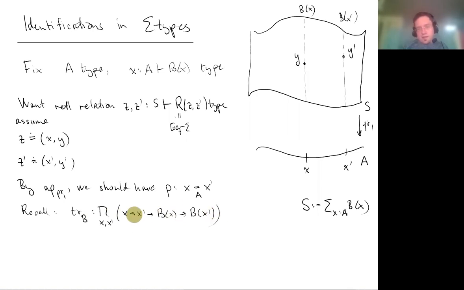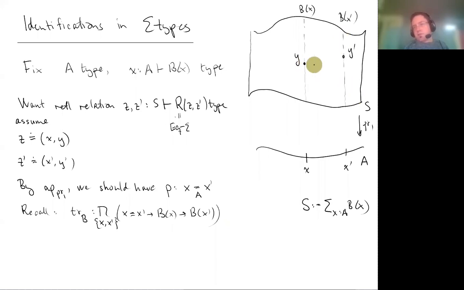Using a little bit of active notation, I'm going to keep the x and x prime implicit. So we just write that there's some p here, and then you can take a y, and you get an element in B of x prime.